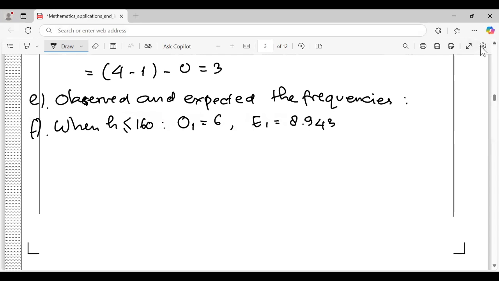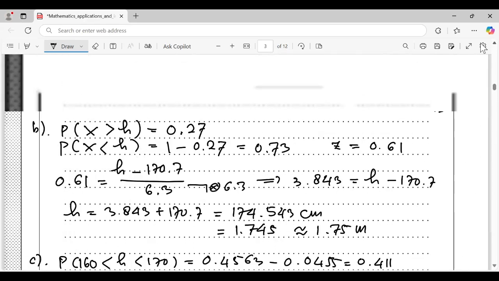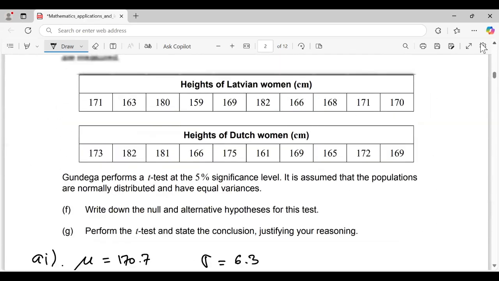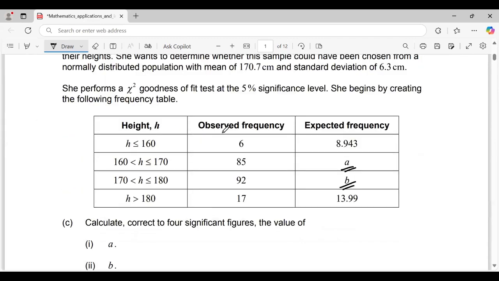You can see the information on the table. 6 and 8.943, O first and E first.